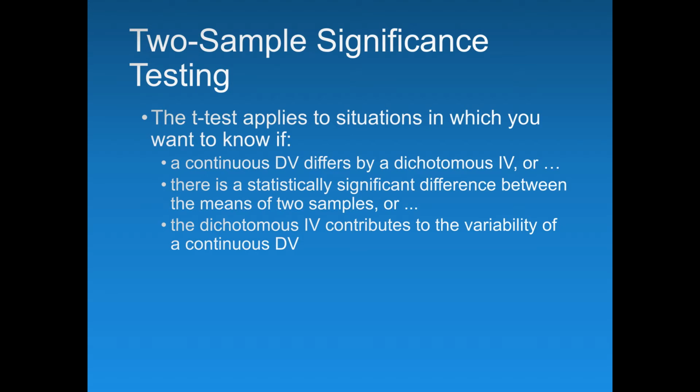Now those last two are really confusing. So the main thing to remember is if you have a continuous DV and an IV with only two categories, like male, female, yes, no, good, bad, you have two categories, that's where we're at. Cool? Cool.